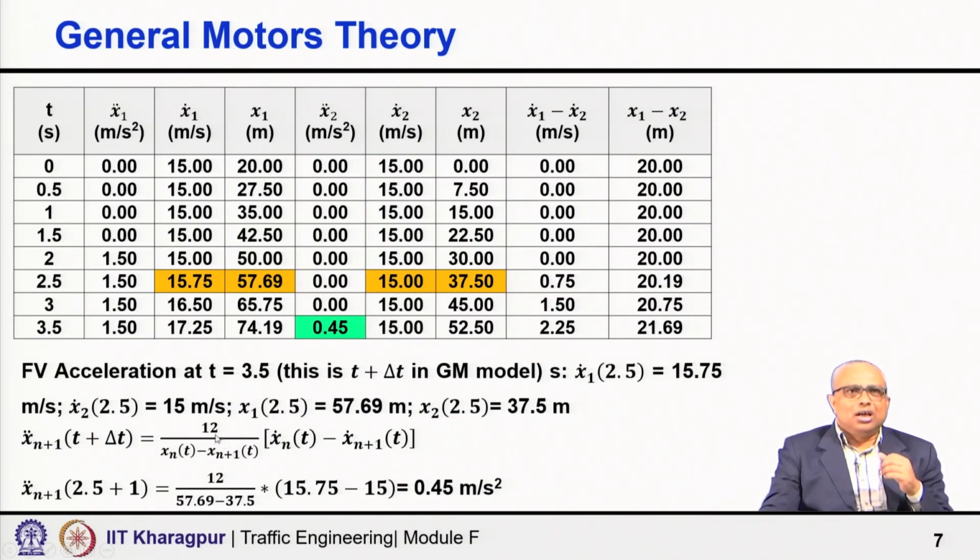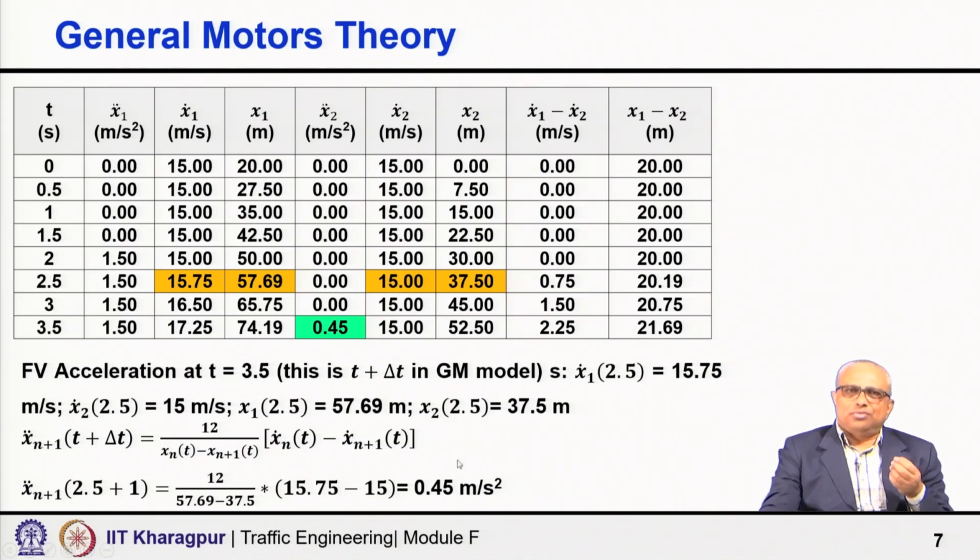Then x 1 at 2.5 is 57.69, and x 2 at 2.5, the following vehicle, is 37.50.